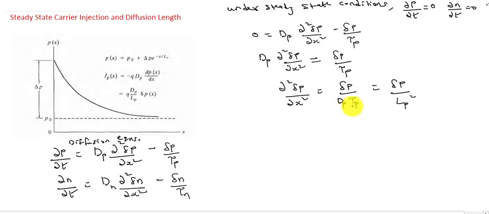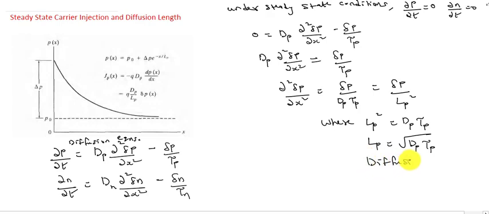So the denominator term is replaced by Lp², where Lp² is equal to Dp τp, or we can write Lp is equal to the root of Dp τp, and this Lp is known as the diffusion length for holes.